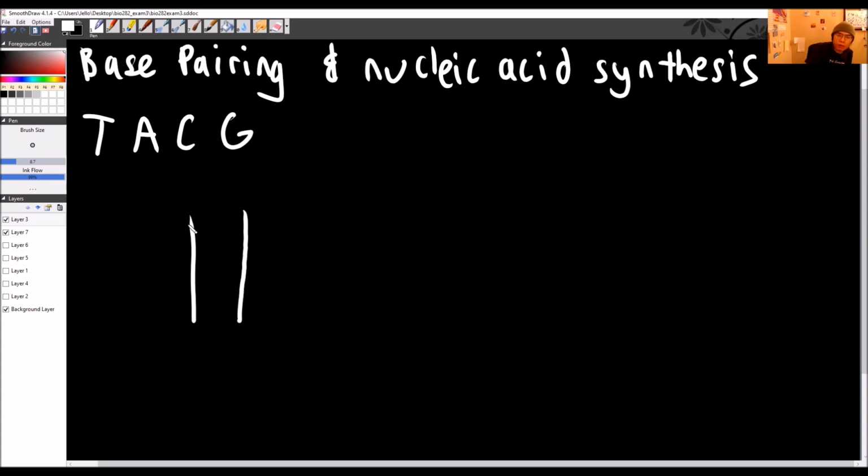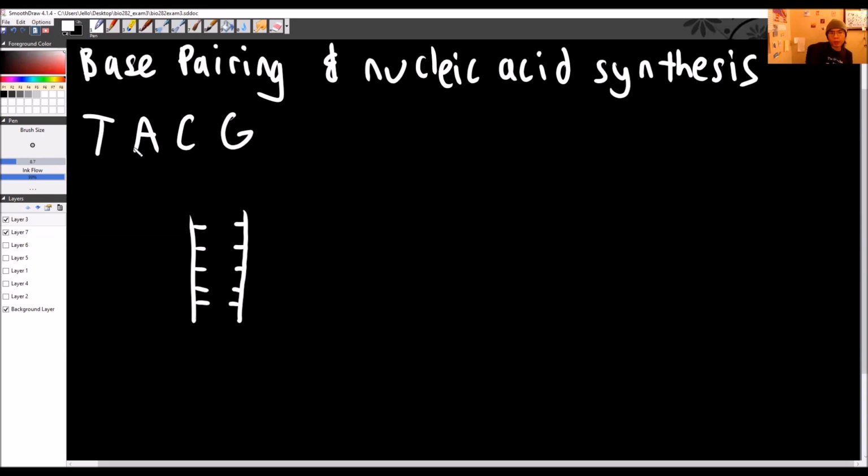You have your sugar phosphate backbone, and then you have your bases on the inside. These are able to form hydrogen bonds with each other and thus keep the strands connected. But T can't form them with C. I mean, usually can't. This is not favorable. And A is not favorable to join with G.